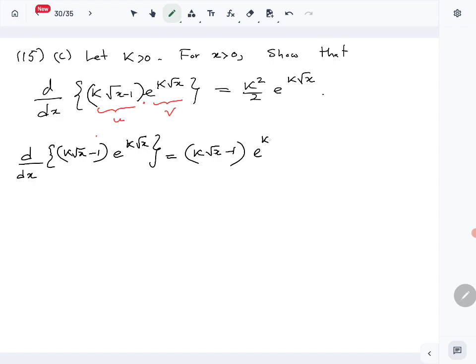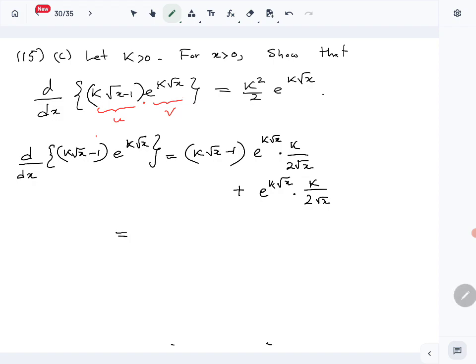That is going to be e to the k square root x times k over 2 times square root x, plus we keep e to the k square root x and find the derivative of the other term. That is going to be k over 2 root x, right?